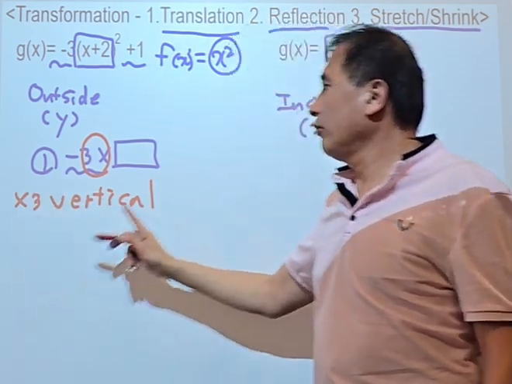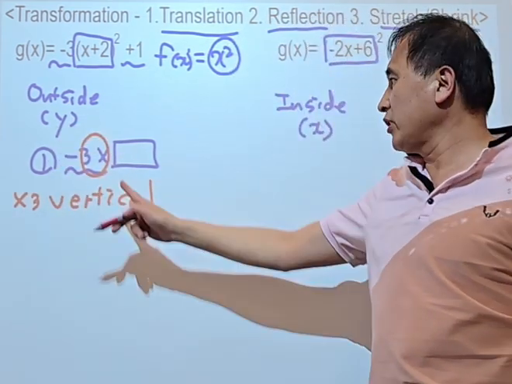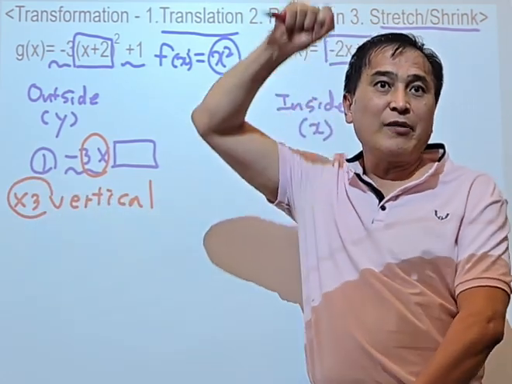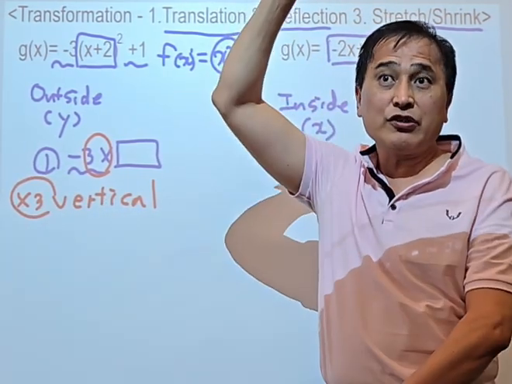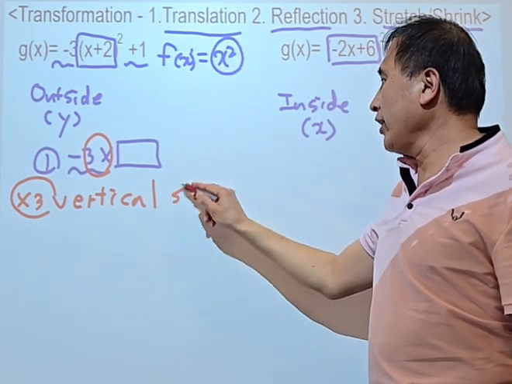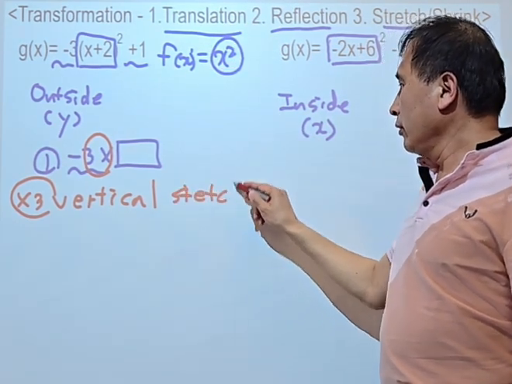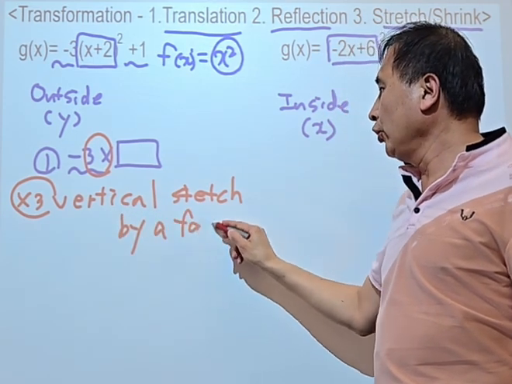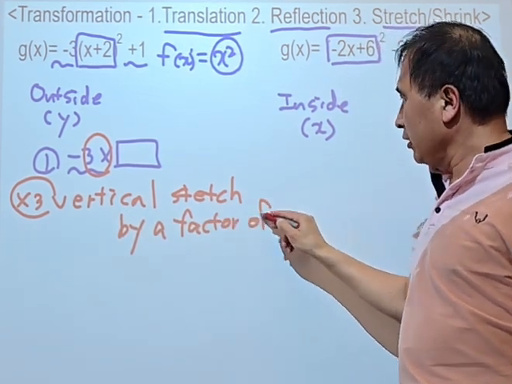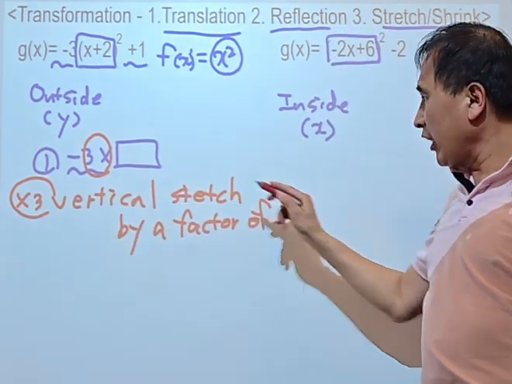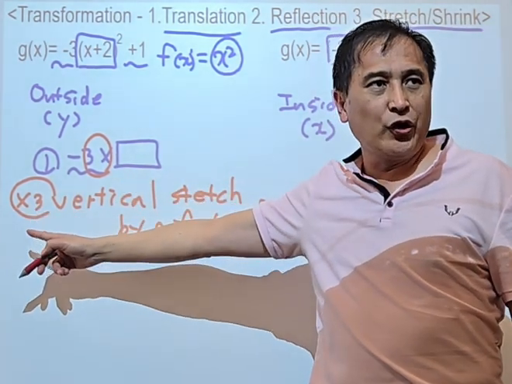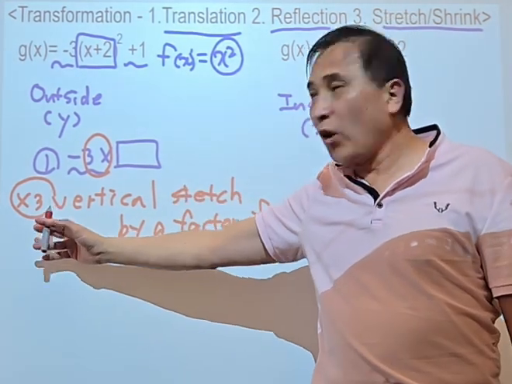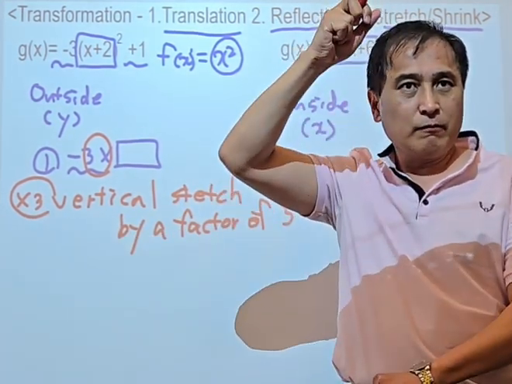Times 3 means making it 3 times bigger, which we call a vertical stretch. We put the vertical stretch with a factor. If the factor is smaller than 1, for example 1/2 or 1/3, that's a shrink. Bigger than 1, that's a stretch. Everybody got it?